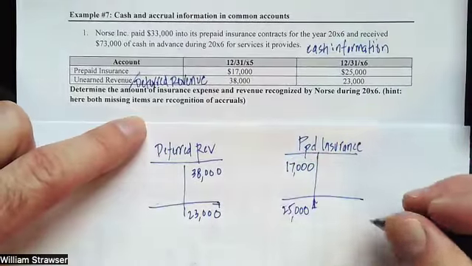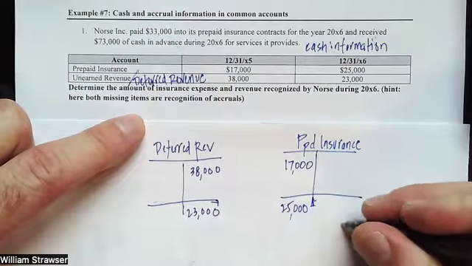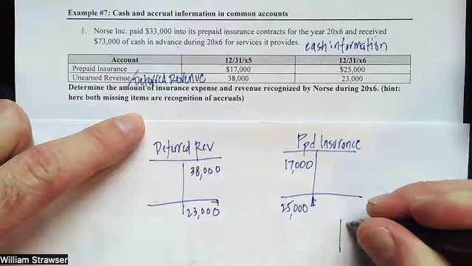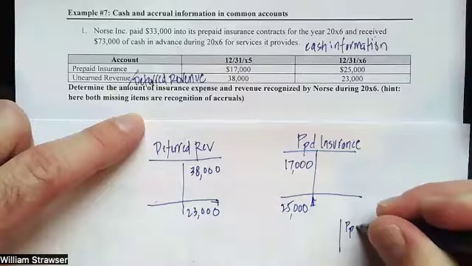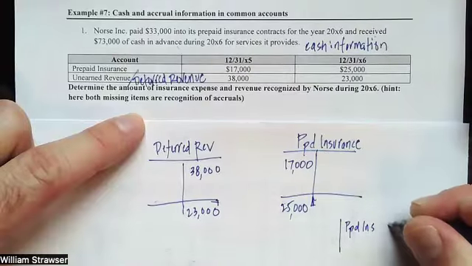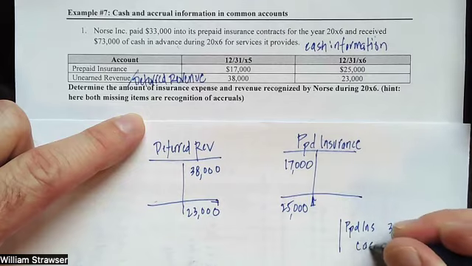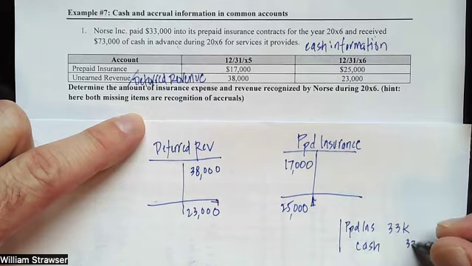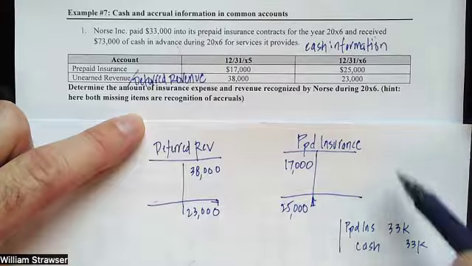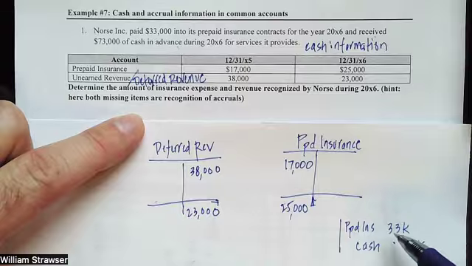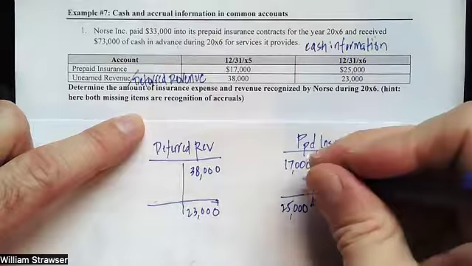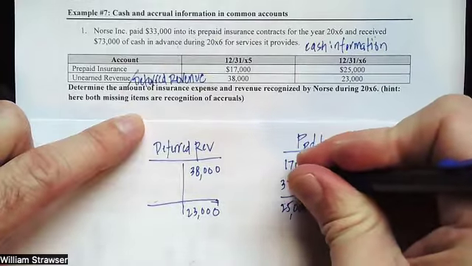Well, what does that look like in terms of a journal entry? Paying $33,000 into my prepaid insurance would debit prepaid insurance by that amount and would credit cash by that amount. So for this asset account, when cash is spent, it increases the asset account.